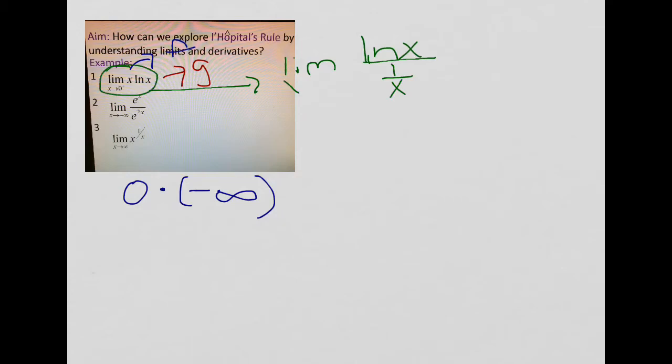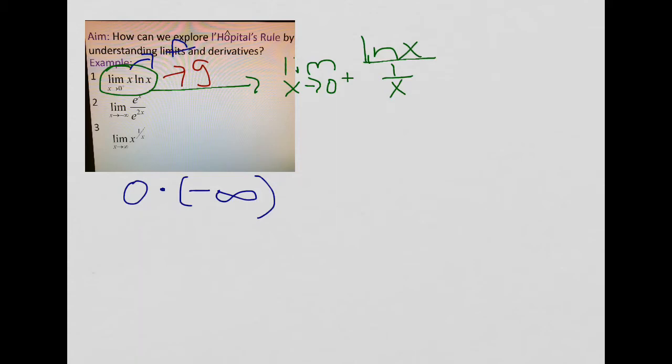These are equivalent expressions. So if you have a function and it's being multiplied by a polynomial expression, then try to rewrite it as a fraction. Now it's actually in a form of what we were doing yesterday.